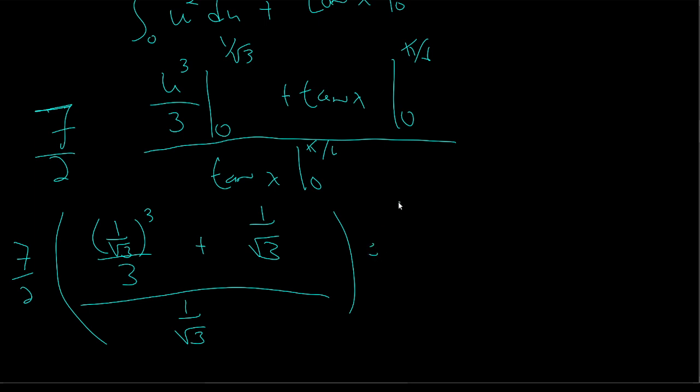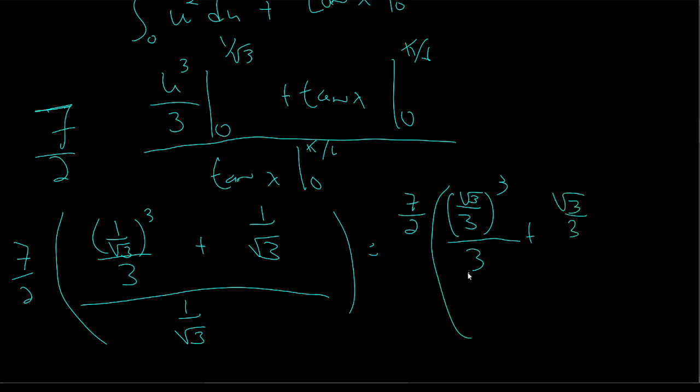And a little mathematical playing. Let's get ourselves a numerical answer. So 1 over root 3 cubed divided by 3. Excuse me, let's try to clean this up a bit. 1 over root 3 is root 3 over 3, cubed over 3, plus root 3 over 3 divided by root 3 over 3.